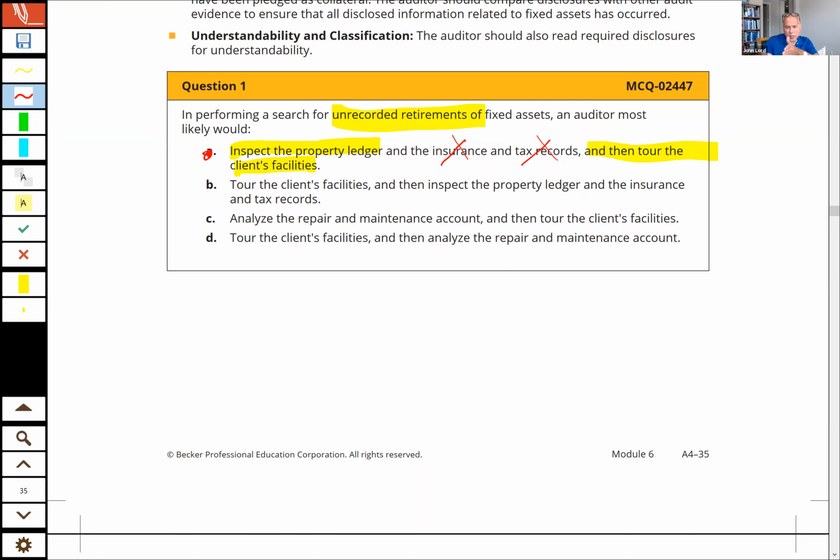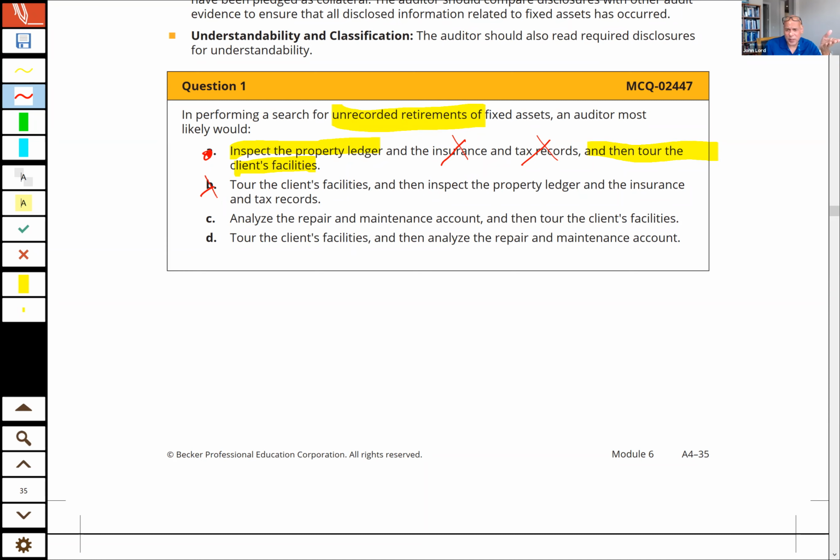Now touring the facility, B, and then going back to the item, that's completeness. No, it's existence. Analyze the repair and maintenance account and then tour the facility. I guess if you're bored, you might do this. I don't know, analyze repair and maintenance account.